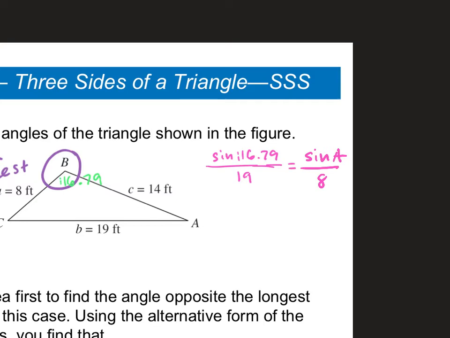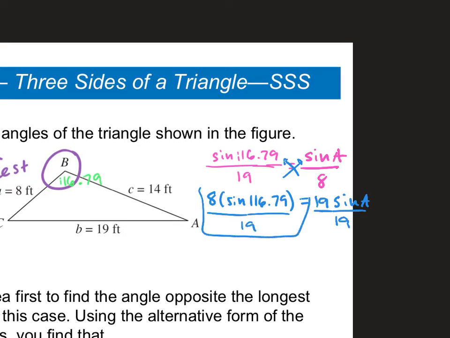How do we solve for angle A? What do we need to do? Cross multiply. So we have 8 times sine of 116.79 is equal to 19 times sine of A. Divide both sides by 19. Now we put this into our calculator.